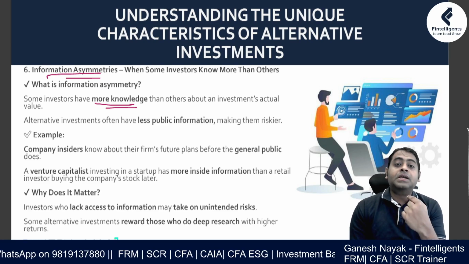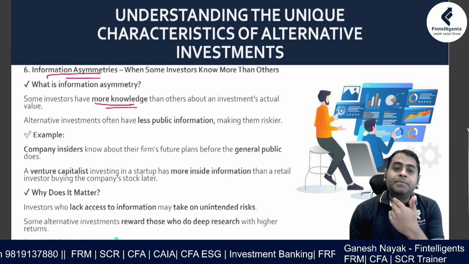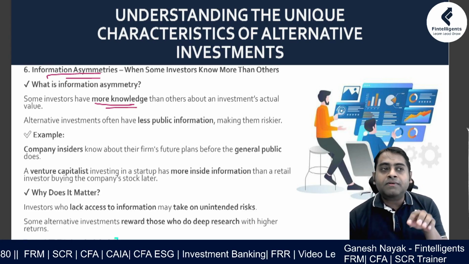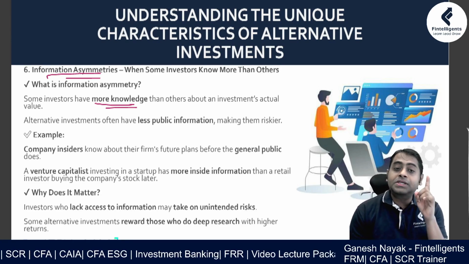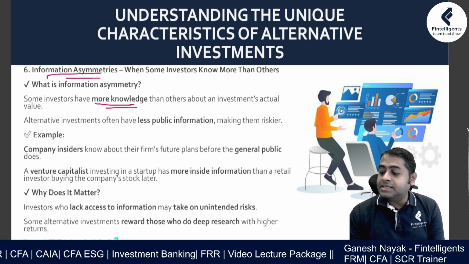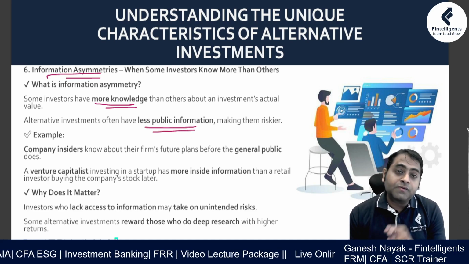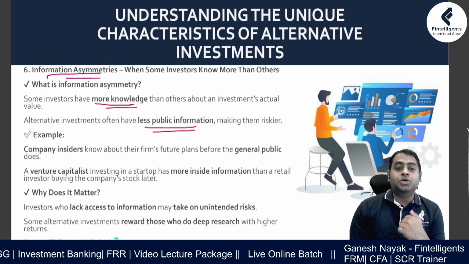The way you see the price of a stock listed on an exchange, you see the price on a day-to-day basis, but you cannot see the price of an alternative investment like real estate. It is not listed. Because there is no transparency, there is less information coming into the public domain, because of which you are not able to understand the information part.